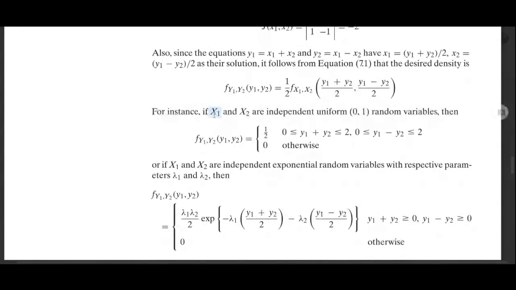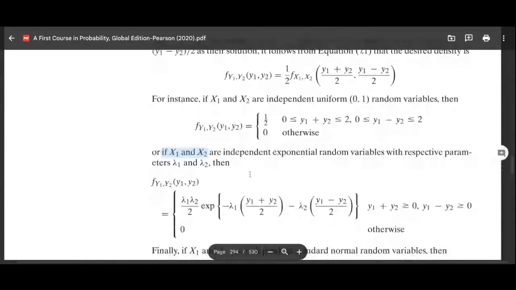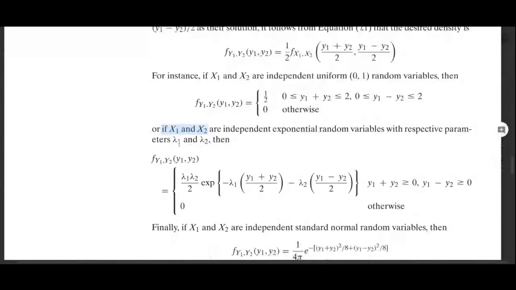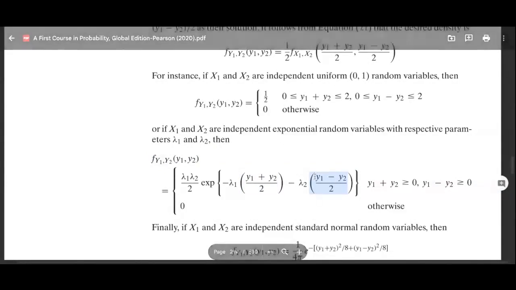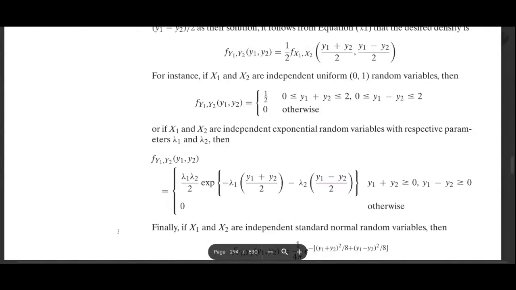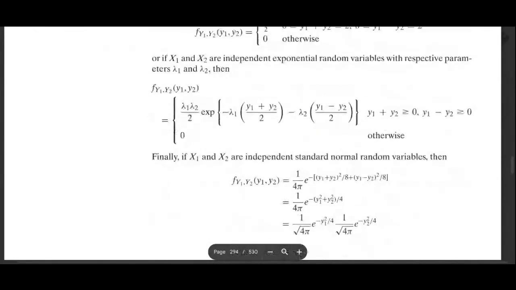So for an example, if x1, x2 are independent uniform random variables, then this one would be as shown. Or if x1, x2 are independent exponential random variables with parameters lambda 1, lambda 2, then this one would be as shown.